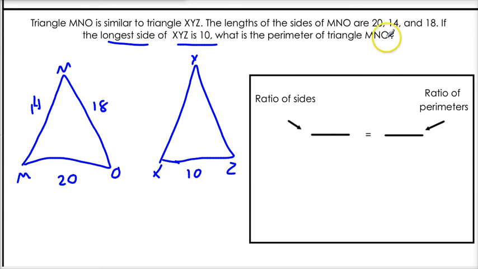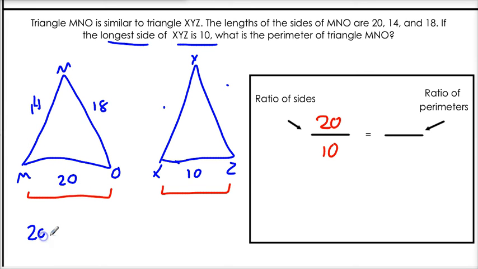So now we want to find the perimeter of triangle MNO. Once again, we could just find the missing sides by setting up our ratios, or we could do it this way. The ratio of our sides of our similar triangles, 20 is to 10, will be equal to the ratio of our perimeters. So our bigger perimeter is 20 plus 14 plus 18. That's 20 plus, let's see, that's 32.